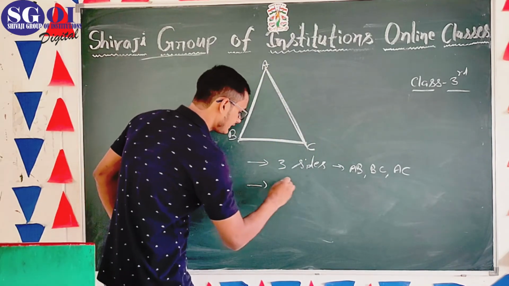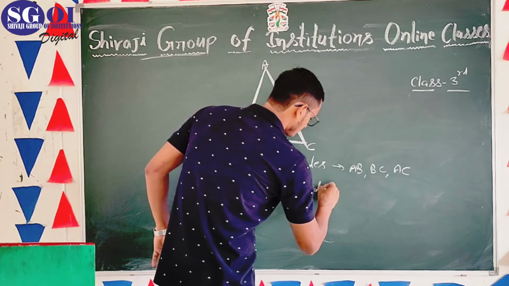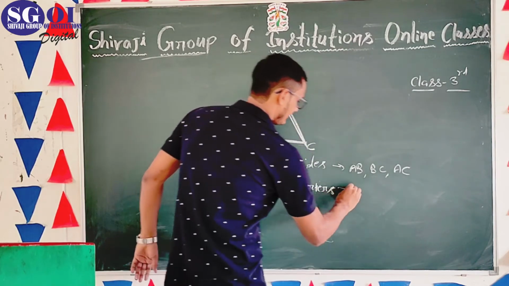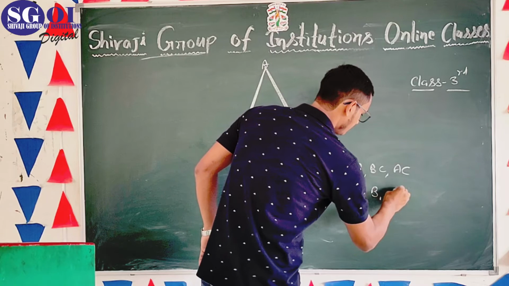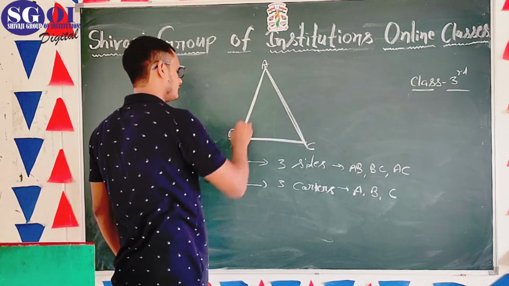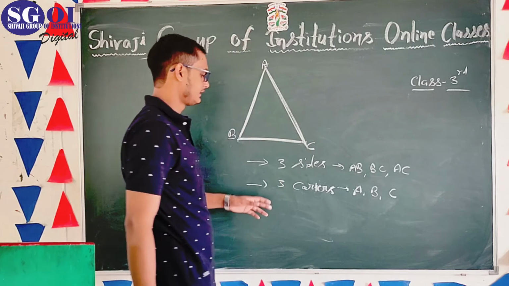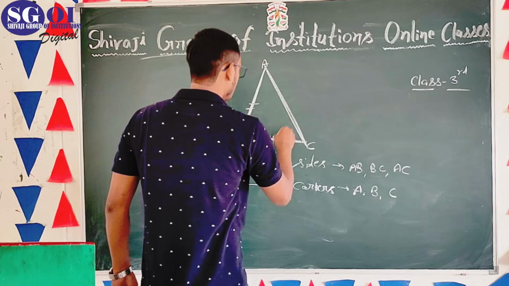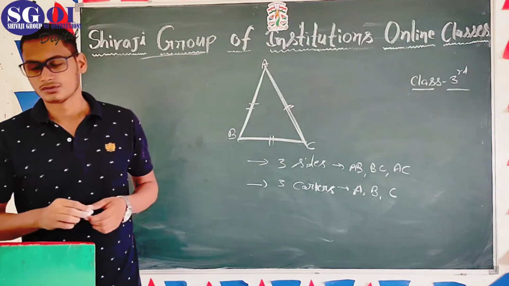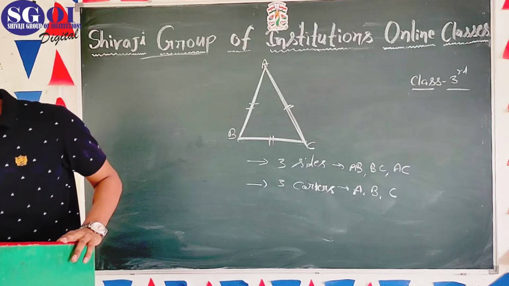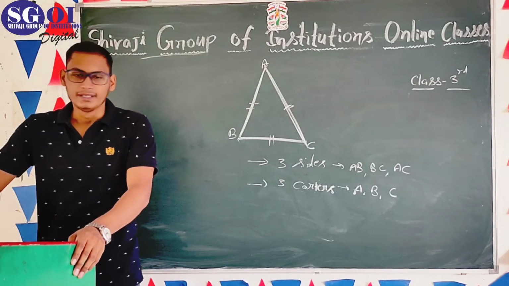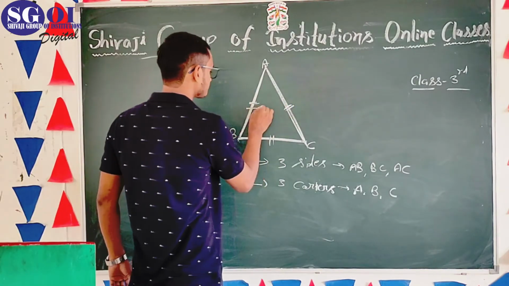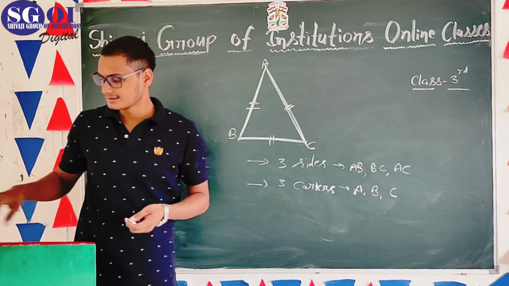And it has three corners: A, B, C. All the sides may or may not be equal. Okay. Understood?